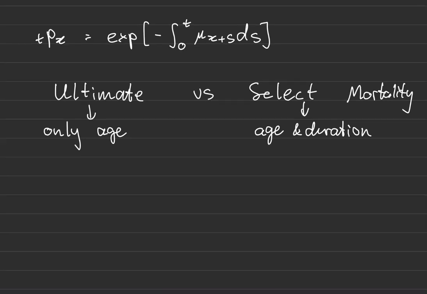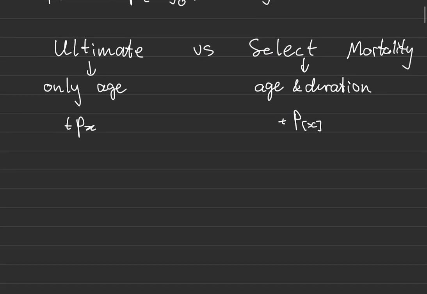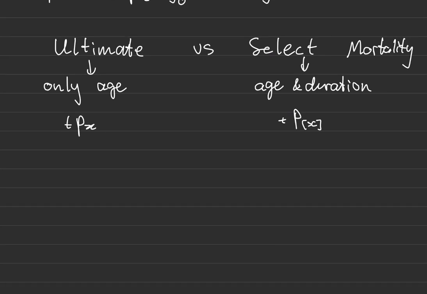And the way that we denote this is, if I just look at this probability of survival, I'll say tp, and then I'll have the age in square brackets there for select mortality, and then ultimate, the same thing would just be tpx. And then let's say this person from select mortality had survived already a year, so it was a year since the policy inception. So that would be x plus 1, and then I'd say t minus 1 in order to get the remaining years in this t.